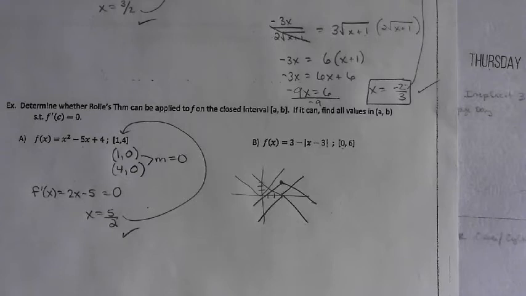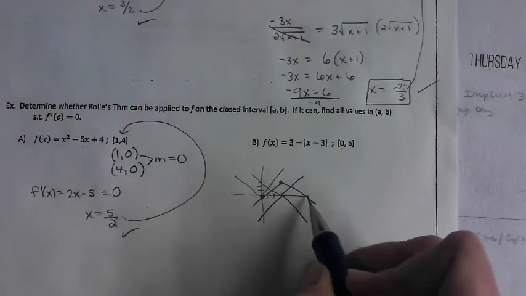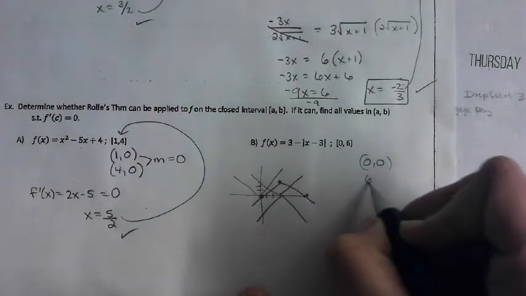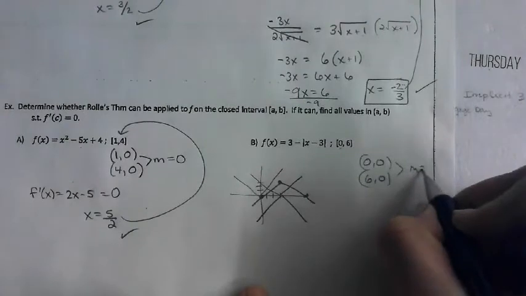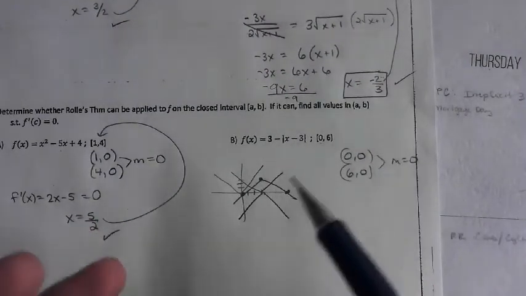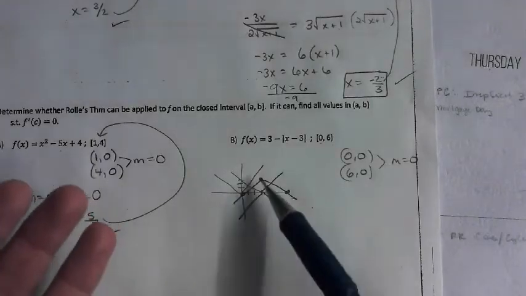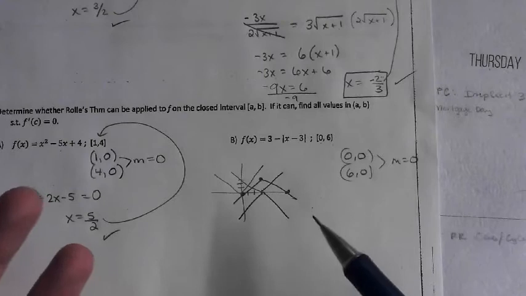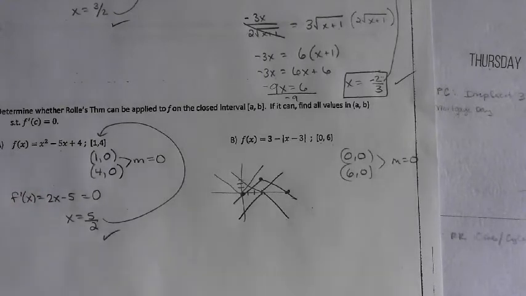See, if you didn't realize that and you plugged in 0, you'd get 0, 0. You plugged in 6, you would get 6, 0. It would seem to work otherwise, right? The slope between those would be 0. You'd think, okay, it applies. So you'd have to take the derivative and set it equal to 0. And we can just see by looking at it, the slope never equals 0 on this function. You'd have trouble finding the derivative generically because we can't do that with absolute values yet.